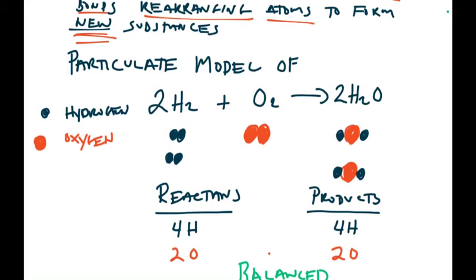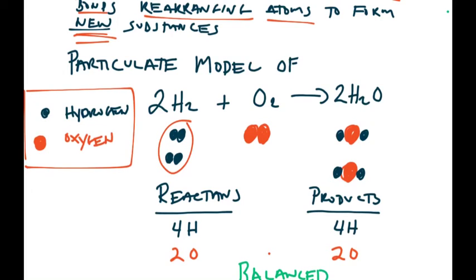That means we need to have two hydrogen molecules, which is denoted here. And over here is a legend, if you will, on what the colors stand for. So the black represents hydrogen and the red represents oxygen. Since there's nothing in front of the O2, that means I have one oxygen molecule.